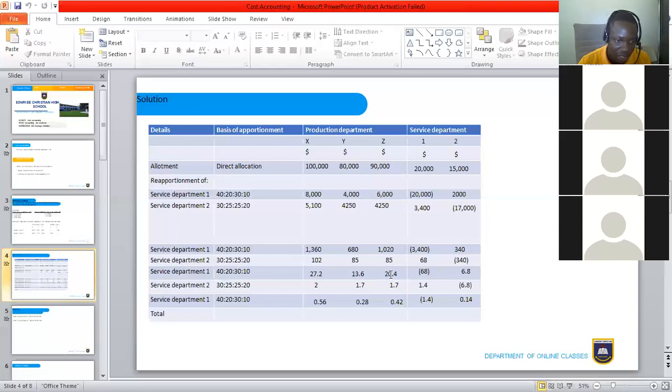Dodoja, do that calculation and give us a solution. 30% of $68: 20.4. All right, 20.4. Stephanie, tell me why 68 is in bracket here. Under service department 1, we can see 68 in bracket. Why is it in bracket?